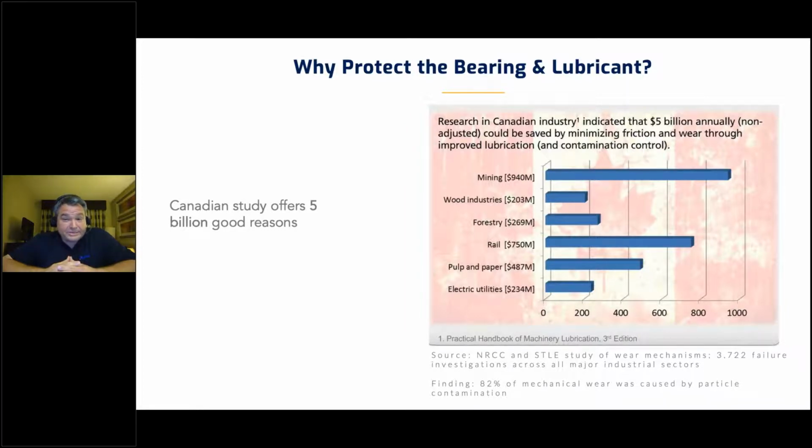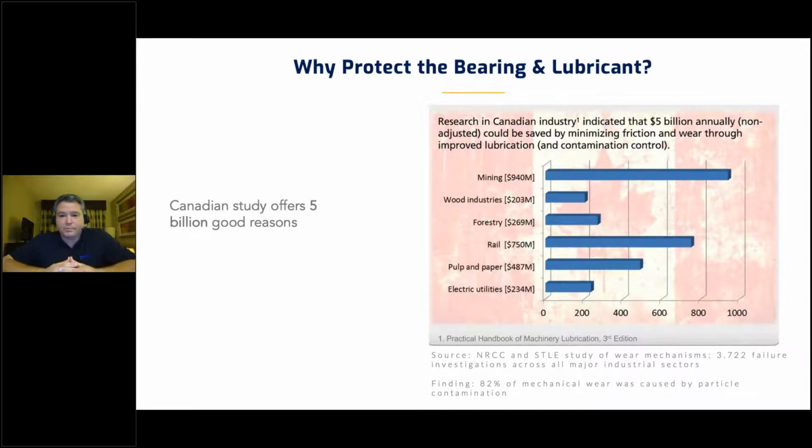They looked at 3,700 failures across multiple industries. They also determined that 82% of mechanical failures were due to particle contamination. SKF also agreed in their study. They say that while we looked at cumulative results, when you compare that to different industries, it will vary.